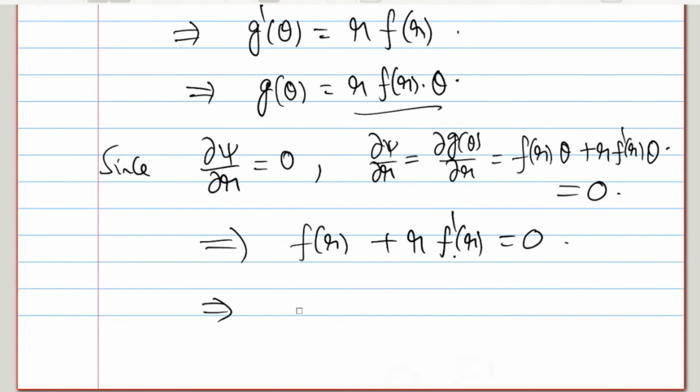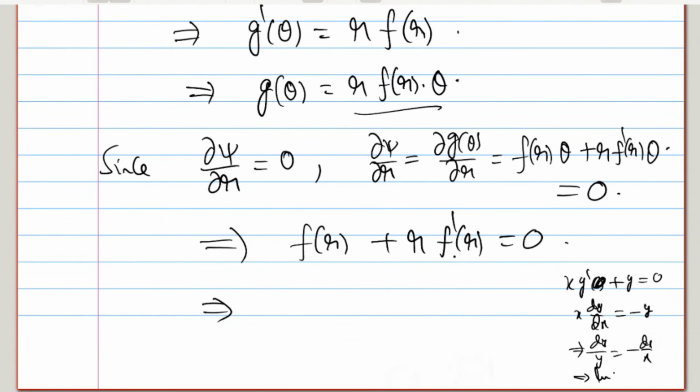So what is this one? y dash of x, x y dash of x plus y equal to 0. How do you solve this one? Simple, right? x dy by dx equal to minus y. That implies dy by y equal to minus dx by x.